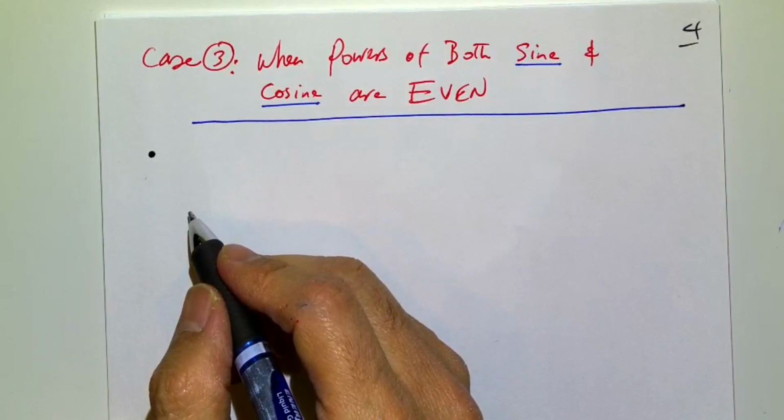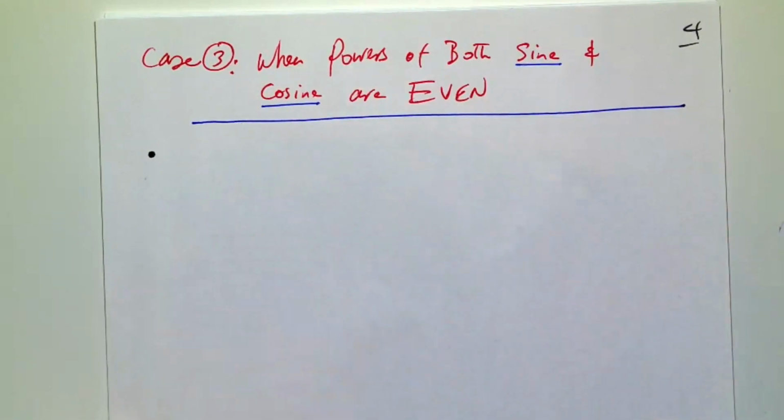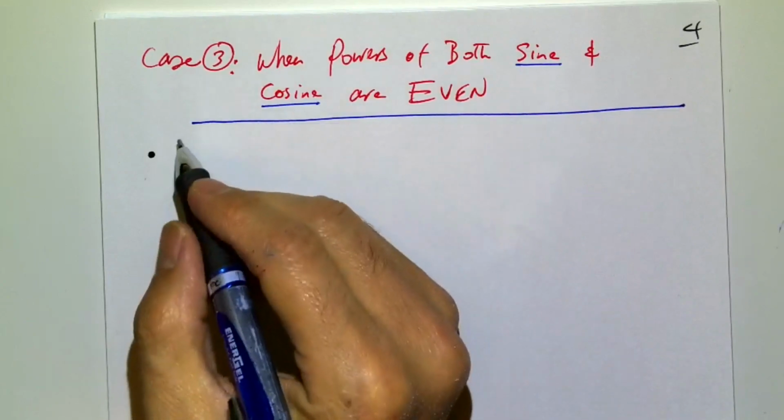Here we'll have to use the half-angle formulas. Again, this is going back to basic trigonometry.